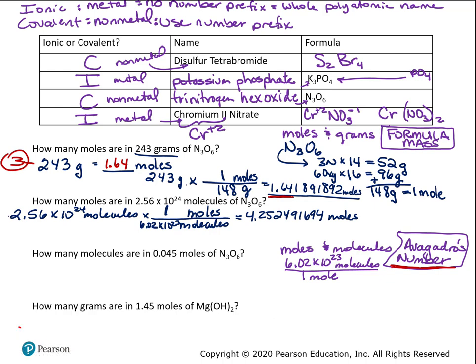Yep, so I got 3 significant figures here. Everybody see that? The 2.56, that's my measured value. So when I come over here, I have 4.25. Those are the first 3 significant figures from the left. Next number's a 2, so what happens to those? They get dropped off, yep. So 4.25 moles would be my answer.